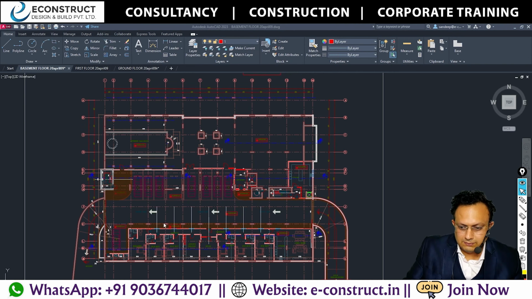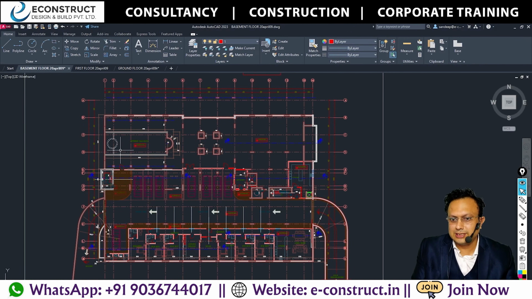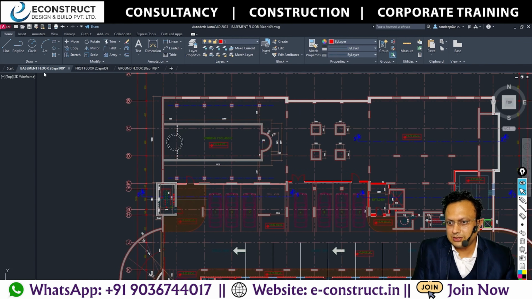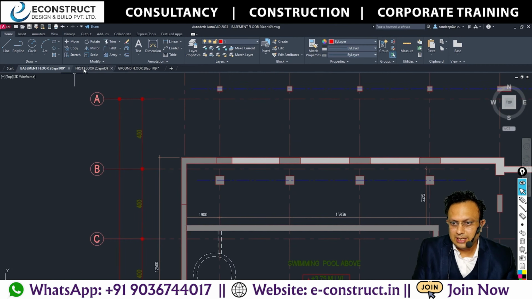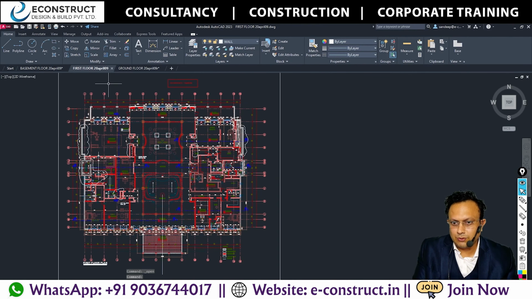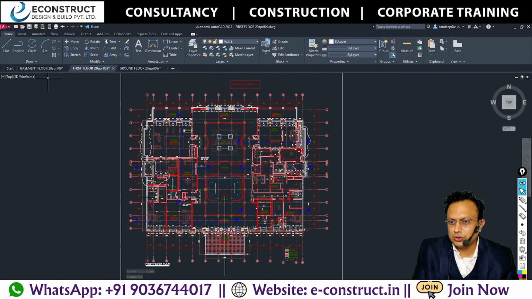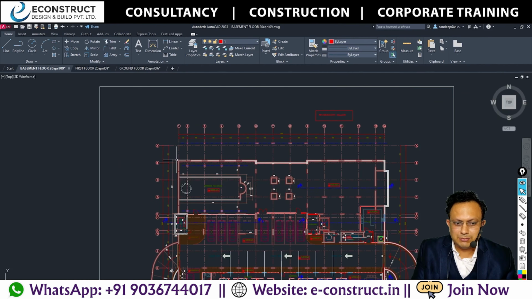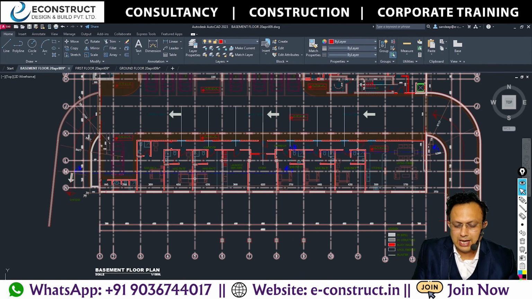So I would like to just show you the glimpse. This is the basement floor. This is the ground floor, and this is the first floor. There are only three floors. There was no necessity of going to the basement, but still they happened to go for it.